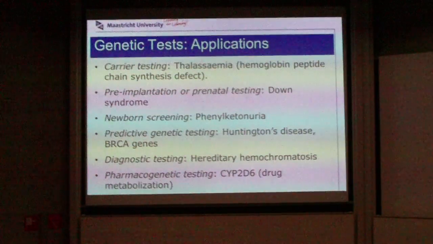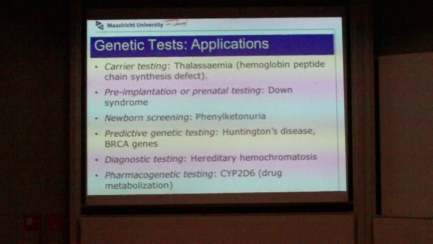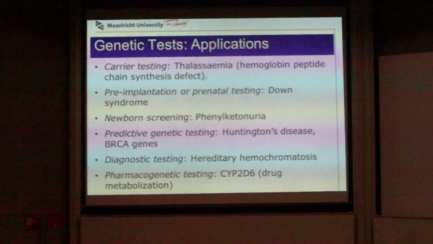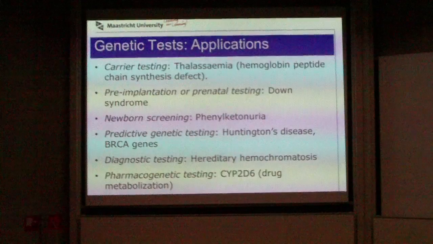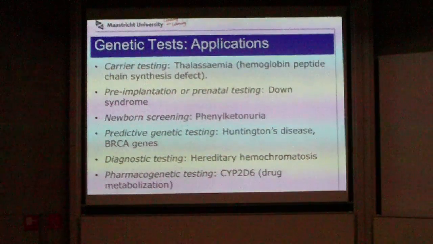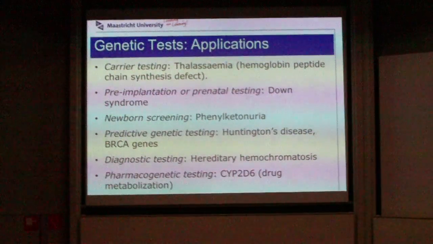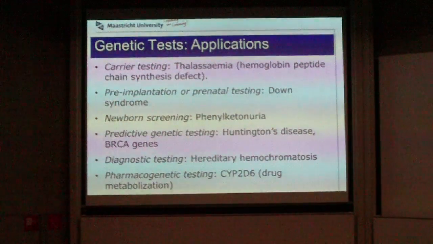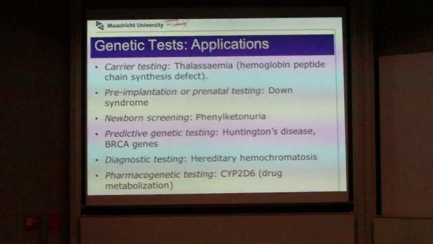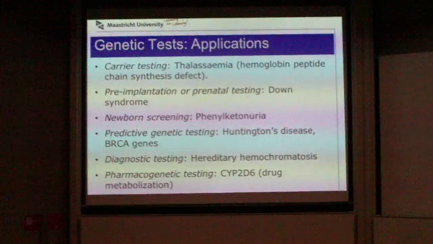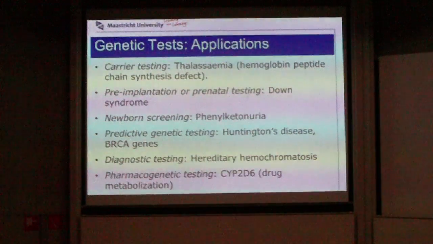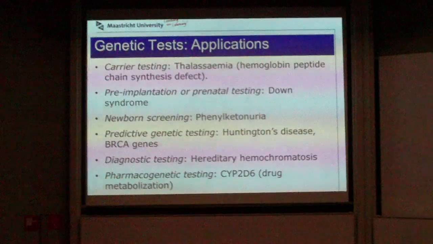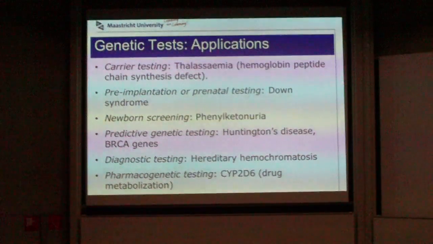You can also use it for pre-implantation or prenatal screening. So even if you're not born yet, you can test and evaluate. Even if you are doing in vitro fertilization, you can analyze before implanting the embryo into the uterus and select out those that you know have a certain disease, like Down syndrome, because you then find trisomy, one additional chromosome, being certain that that would be a diseased individual.